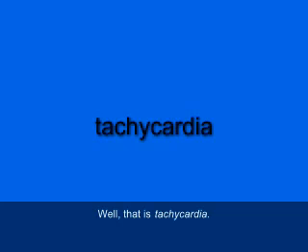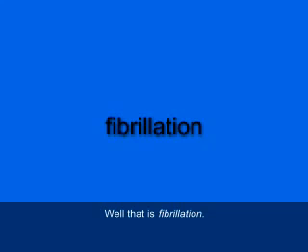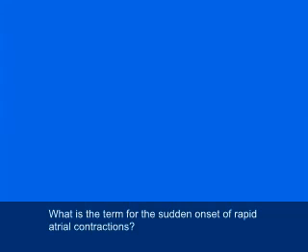And what is the term for the irregular quivering or twitching of one of the chambers of the heart? Well, that's fibrillation. FIBRILLATION. What is the term for the sudden onset of rapid atrial contractions?